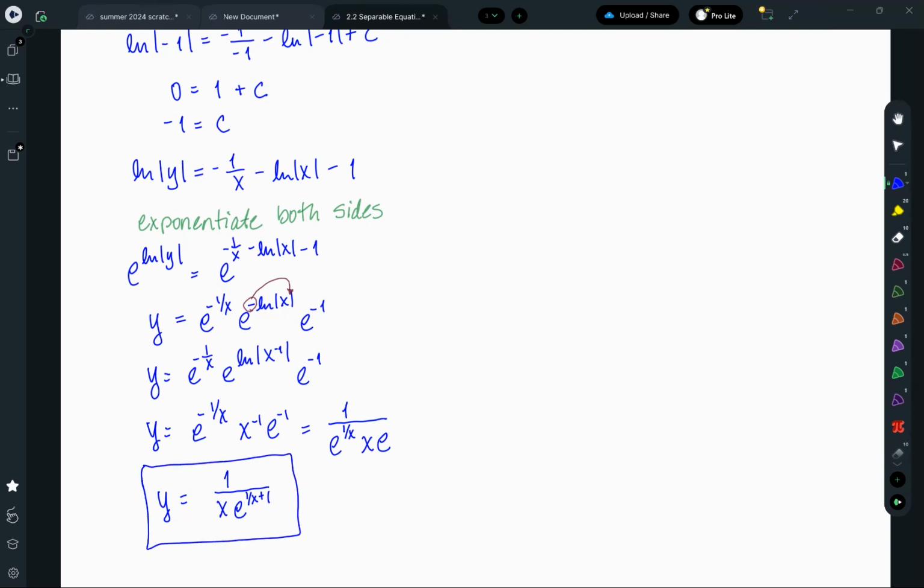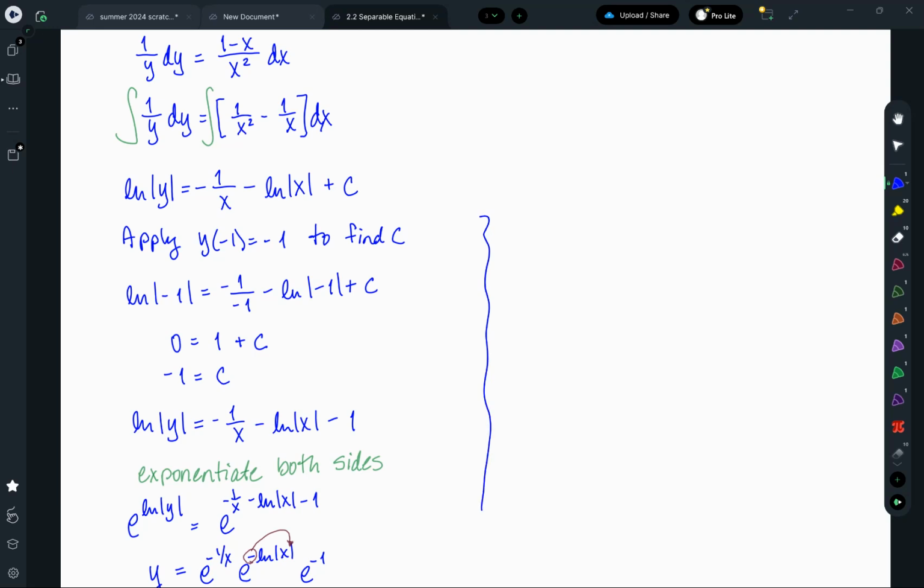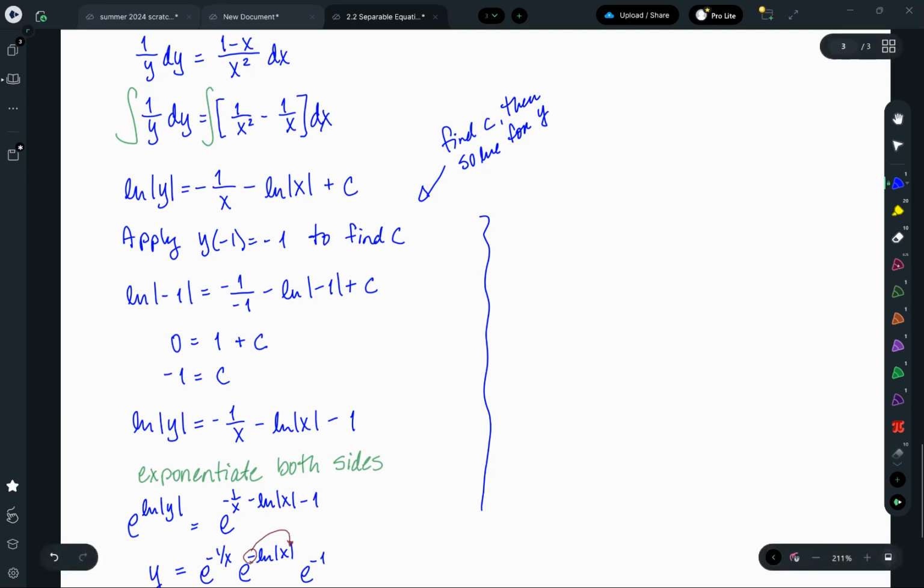Okay? Another way to do this, so let's see. This way was find c, then solve for y. And this way over here, what I'm going to do is solve for y, then find c.